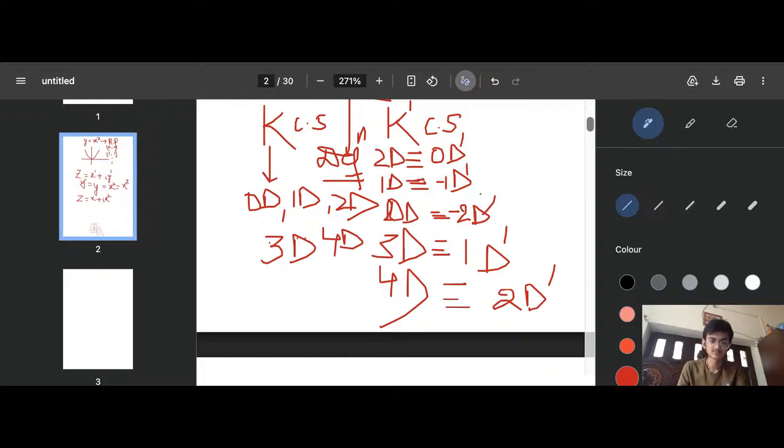Suppose you have to construct a one dimensional system in the K dash coordinate system.